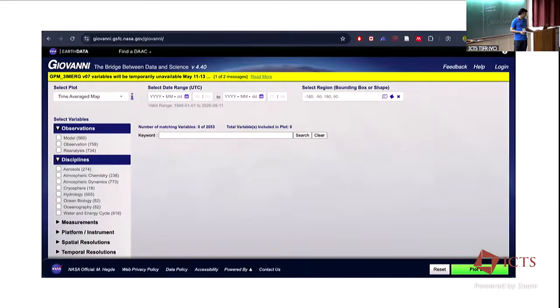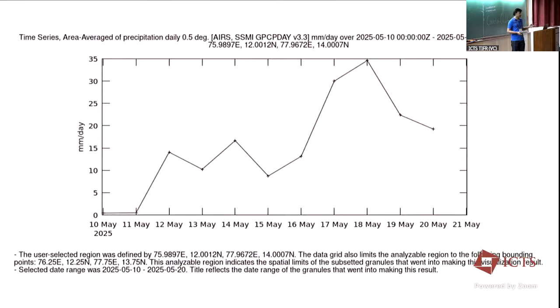I find this very helpful if I have to quickly look at things like precipitation time series, like I did this one. Some of the details are written here. It is a GPCP rainfall time series from 10th May to 21st May.